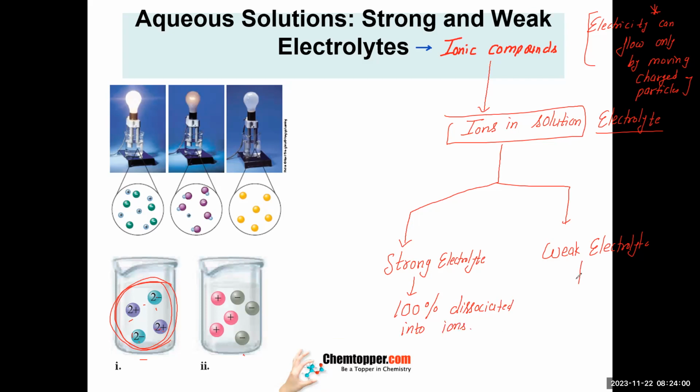What is a weak electrolyte? It is only slightly dissociated, not fully 100% dissociated, slightly dissociated into ions. Definitely both of them are ionic solids.